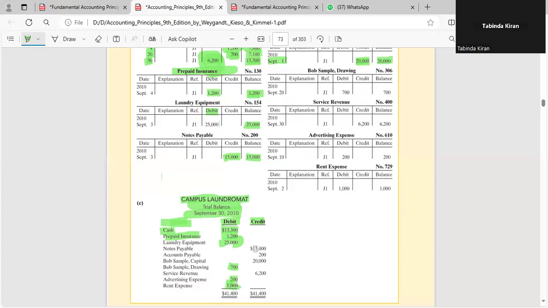Otherwise, we have liabilities, owner's equity and revenue have a normal credit balance. Let's see in this case, note payable has a 15,000 credit balance, accounts payable 200 credit balance, capital Bob's sample capital has an ending credit balance of 20,000, and the sales revenue has an ending balance of 6,200.